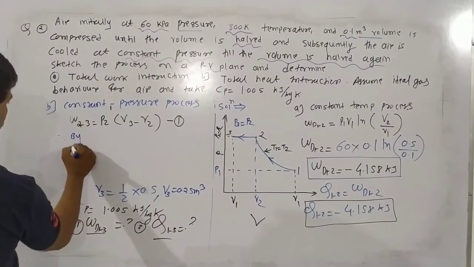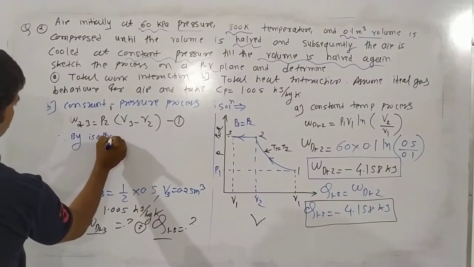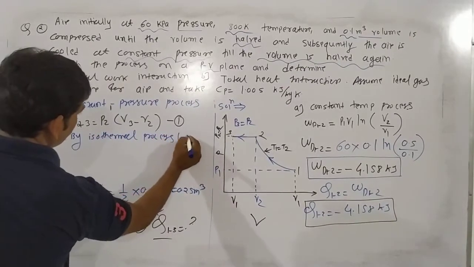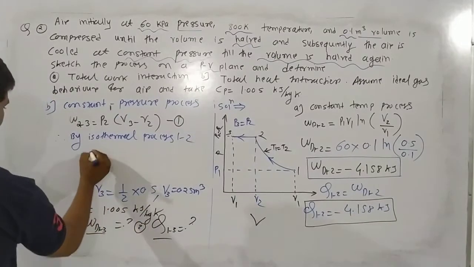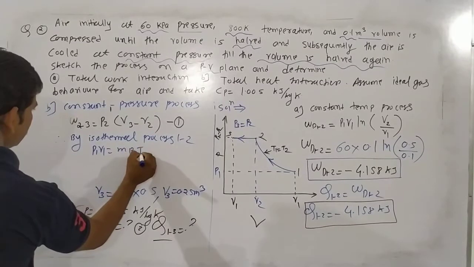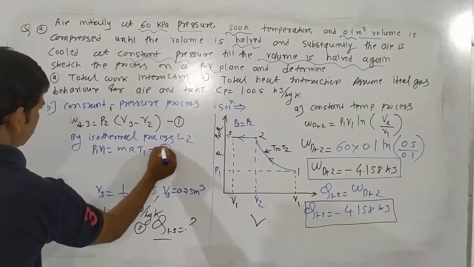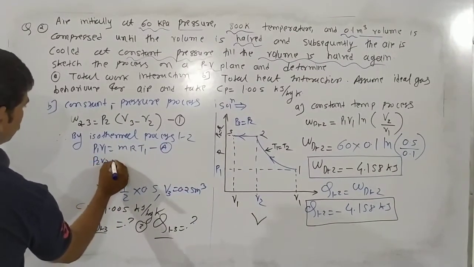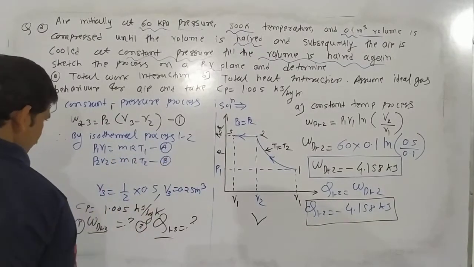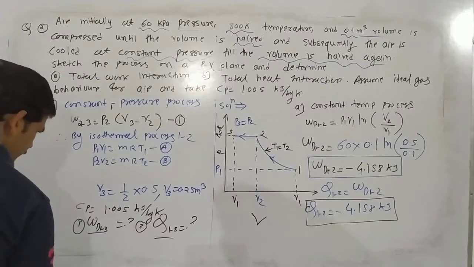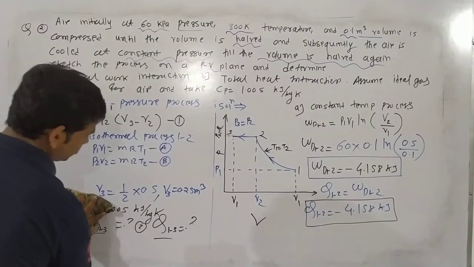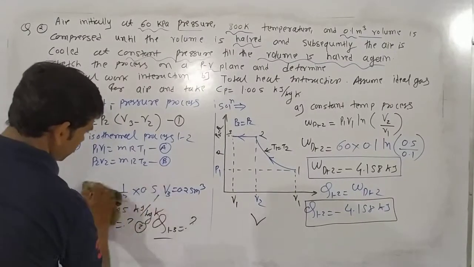By the ideal gas equation, P1 V1 is equal to m R T1, equation A. Another is P2 V2 equals m R T2, equation B, right? You should remember this value V3 is 0.25 meter cube.